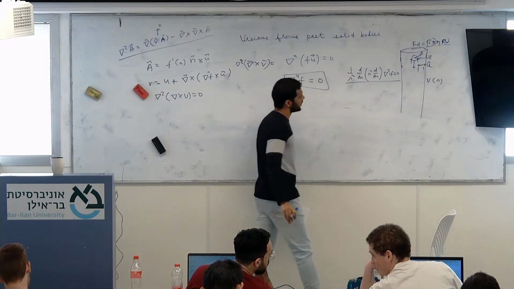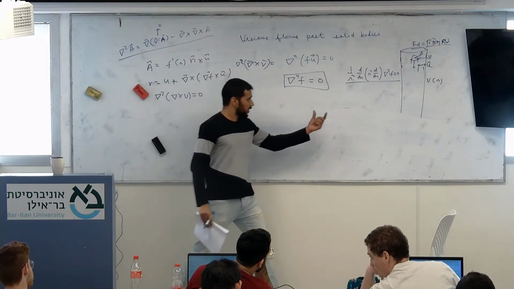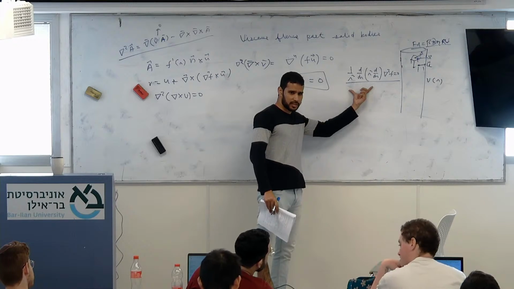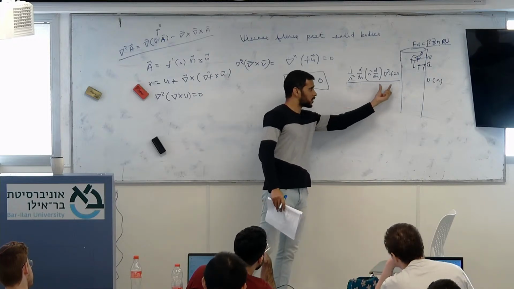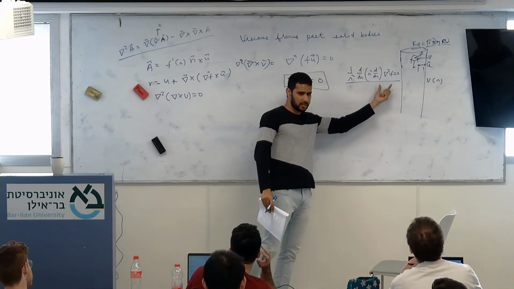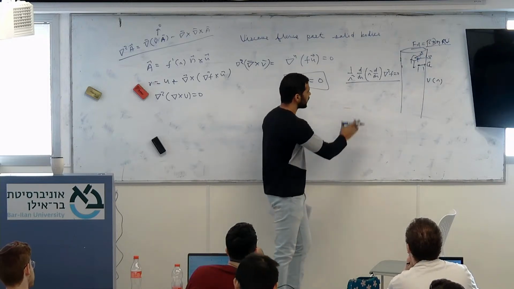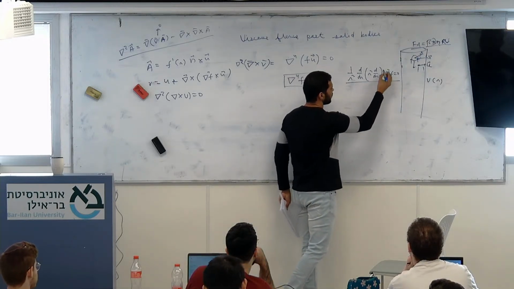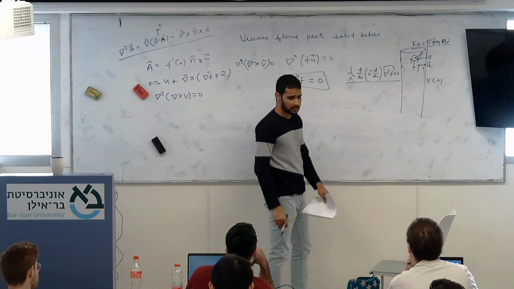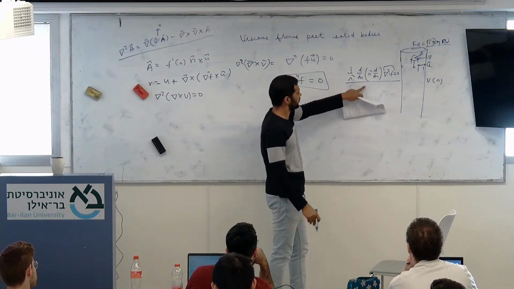It can be written like this. So the double Laplacian comes out like that in spherical coordinates, but you're still left with one Laplacian inside. So what you need to do is solve this.